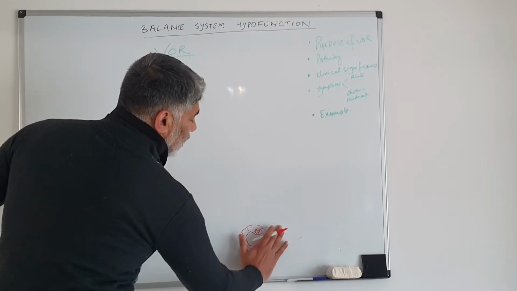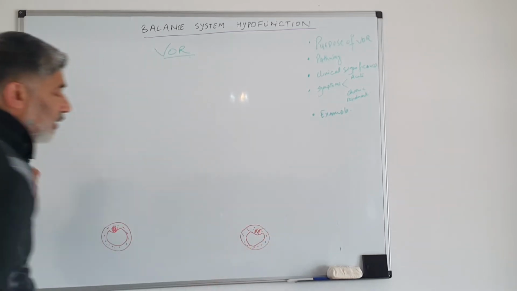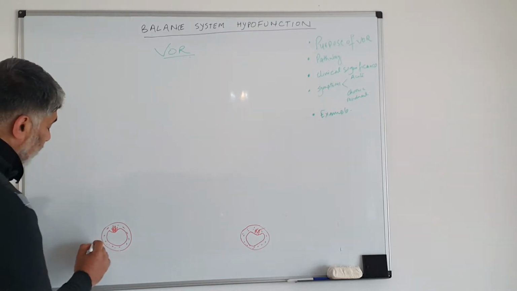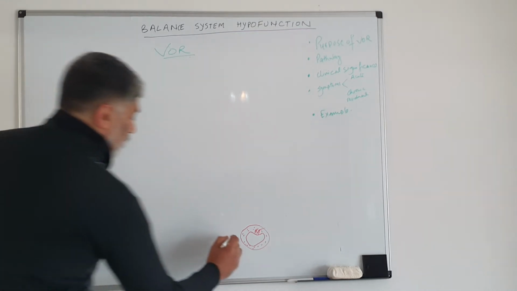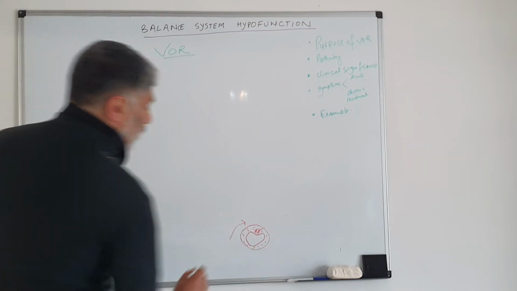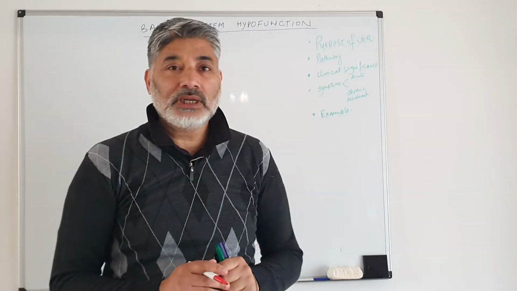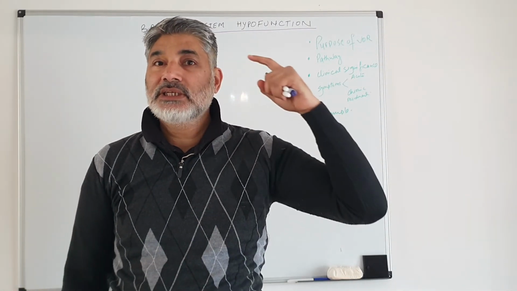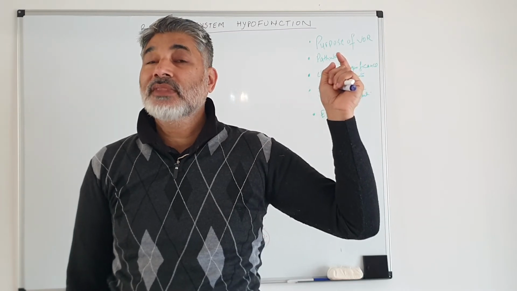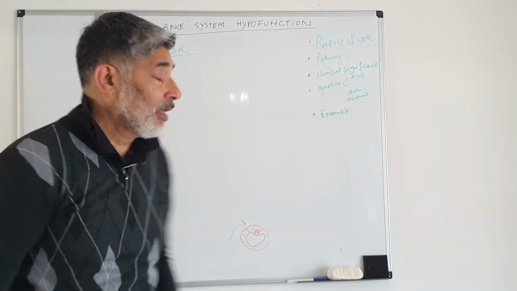Now, for example, the head is moved to the right. You can see the compensatory eye movements in the opposite direction to the head movement.